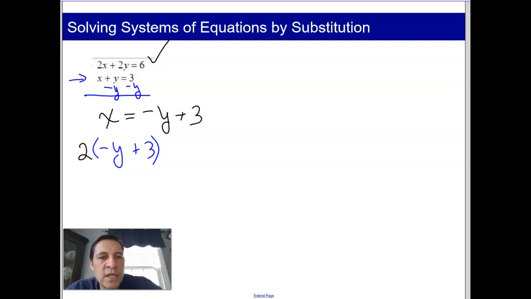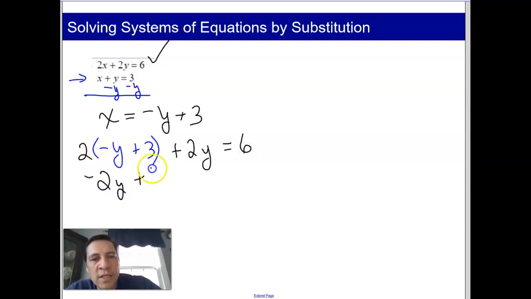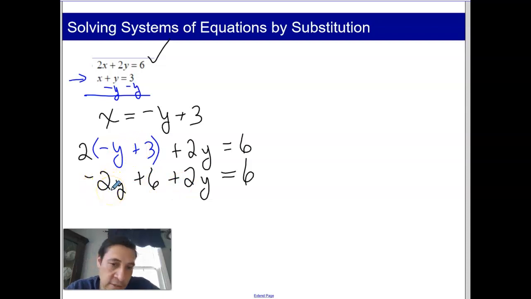So 2 times negative y plus 3 plus 2y equals 6. When I distribute here, I get negative 2y plus 6 plus 2y equals 6. When I combine my like terms, my y terms zero out. I'm left with 6 equals 6.